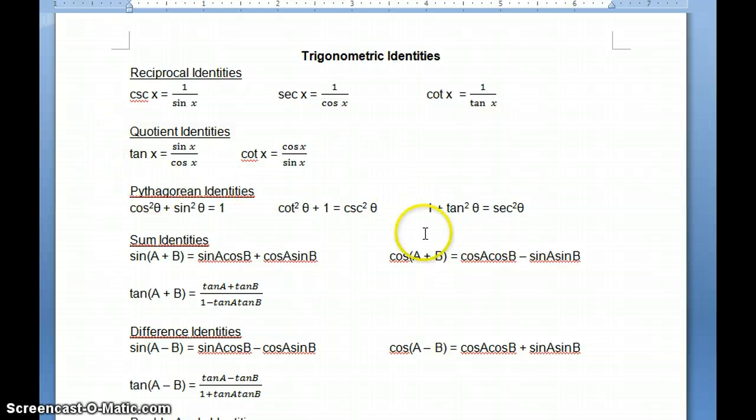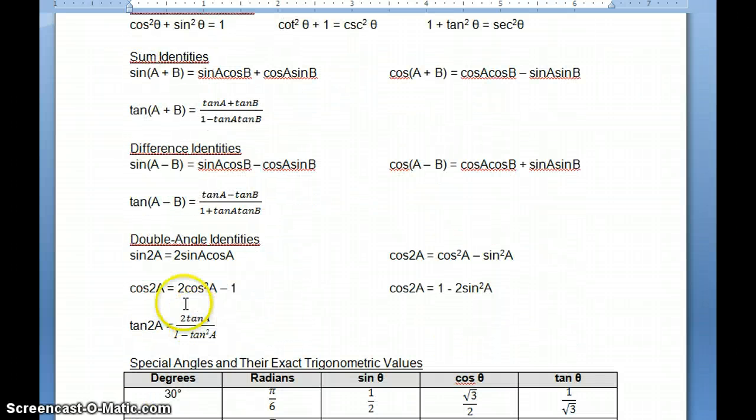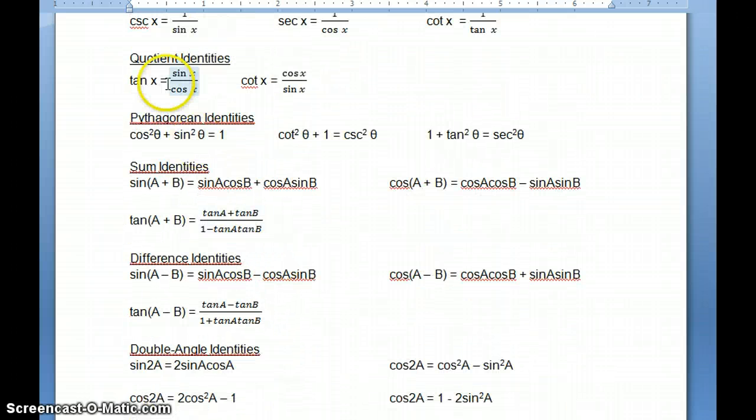Try to use these reciprocal identities and quotient identities, and make it look like these forms rather than something super complicated. If you were given, say, sine squared of theta, you could rewrite that as 1 minus cosine squared theta. We'll look at some examples, so this might not be making sense right now, okay?